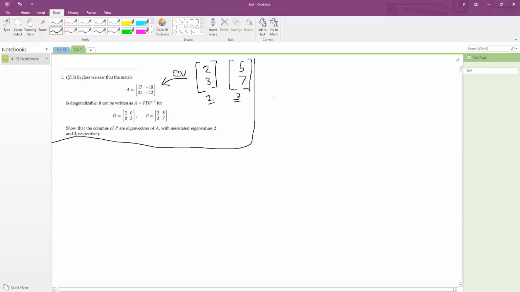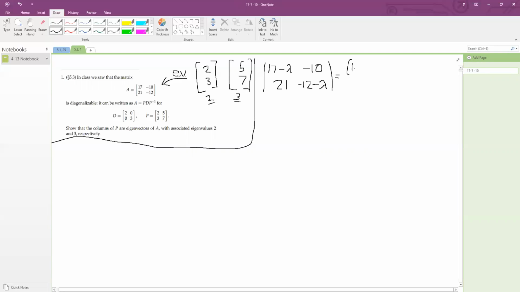All right, so characteristic polynomials, remember, require us to take the determinant of 17 minus lambda, again, this is A minus lambda I, -10, 21, and -12 minus lambda. So there's going to be a bit of multiplying involved here. Remember the way these work.